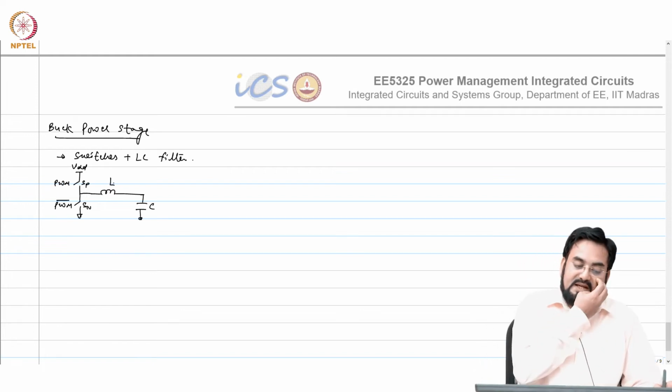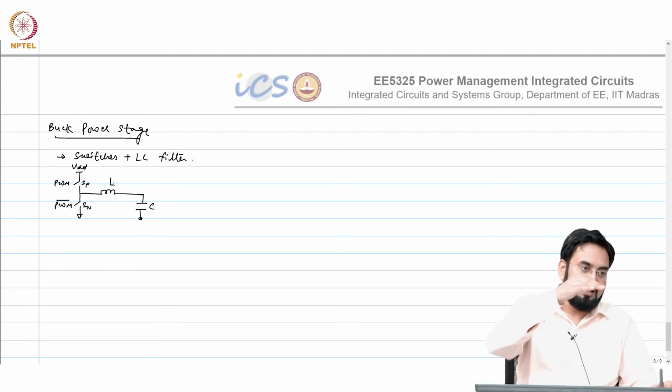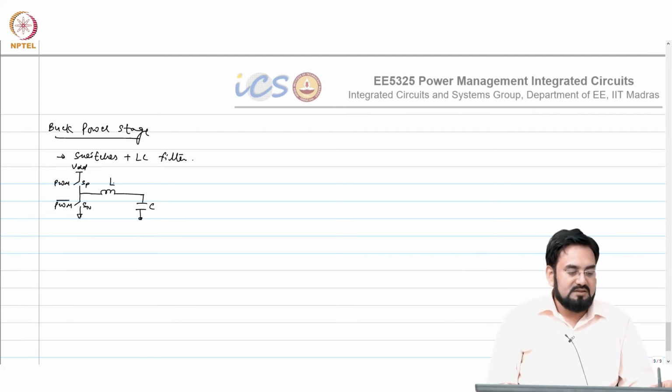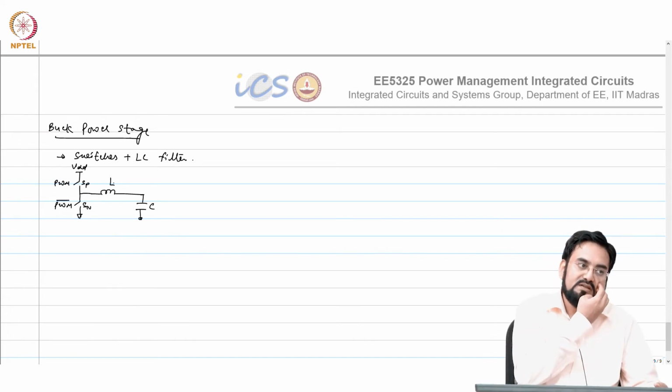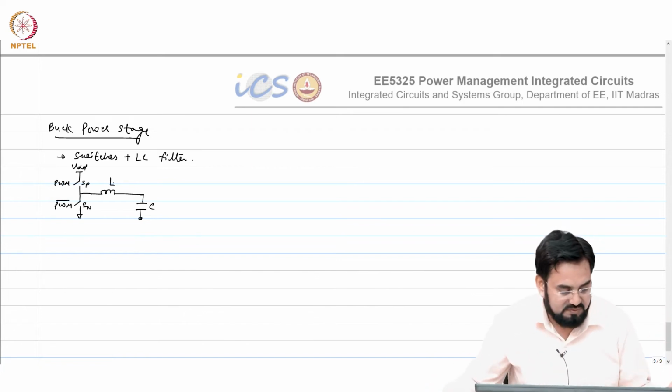When PWM is high, switch SP will turn on, your inductor current will rise, and when SN is on, SP is off, inductor current will fall with the slope of voltage across the inductor divided by L. And that is what will define your inductor current.